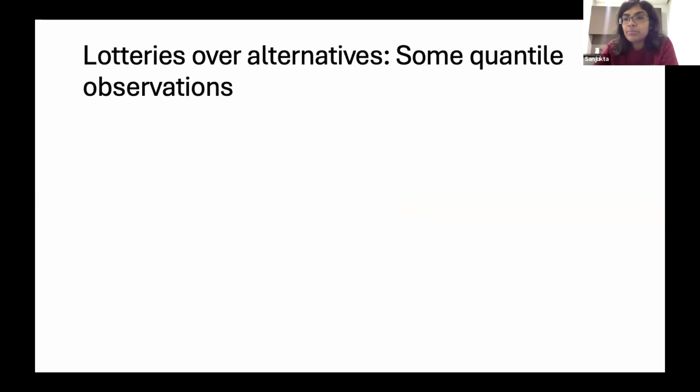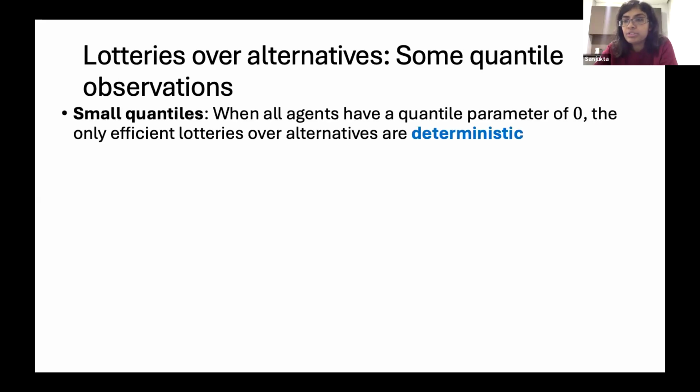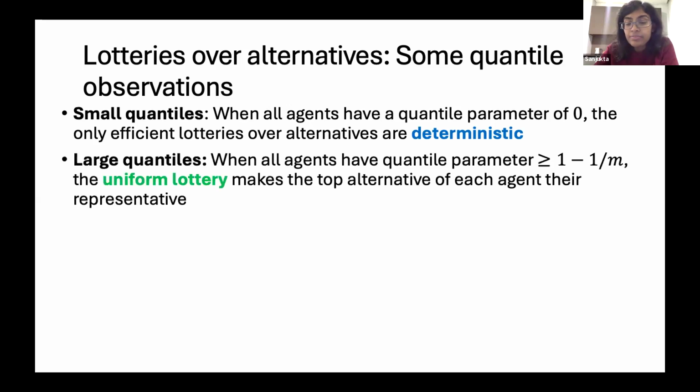So, some observations about quantile comparisons of lotteries. If the quantile parameter is 0, the only efficient lotteries over alternatives are deterministic. If we have large quantile values, like 1 minus 1 by m, where m is the number of alternatives, the uniform lottery makes the top alternative the representative for every agent, every voter.